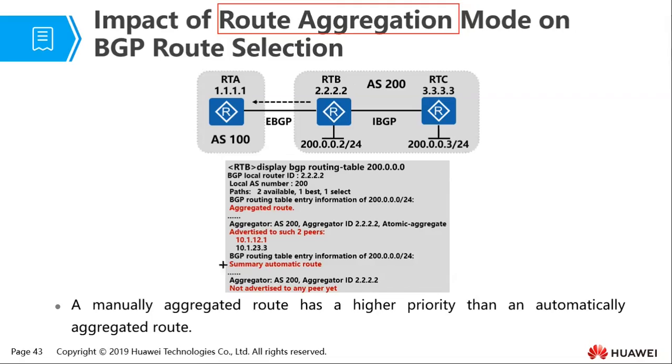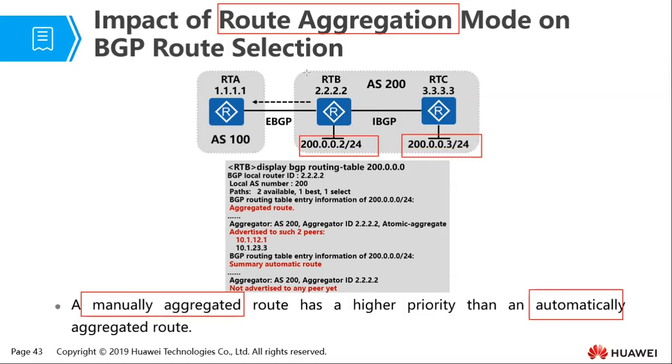So we have manually aggregated routes, and we also have automatically aggregated routes. For example, we have users on this network and on this network that are interconnected to RTB and RTC.